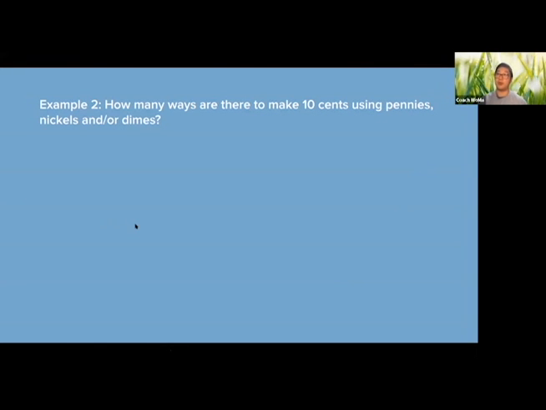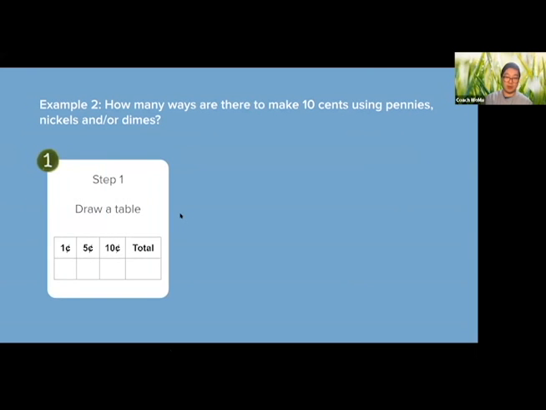All right, let's go over this. Let's go to the next slide. For this problem, what I would do is draw a table. That way I can keep track of every single combination that I've thought of.